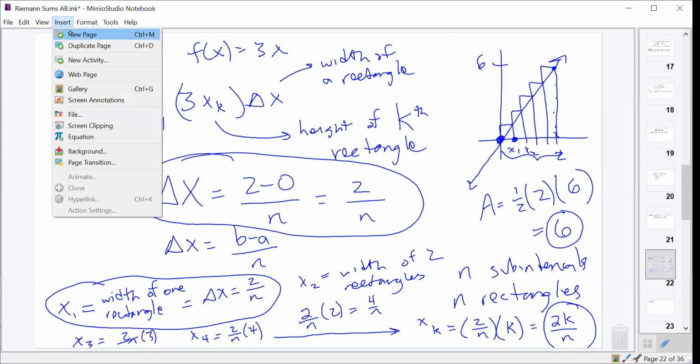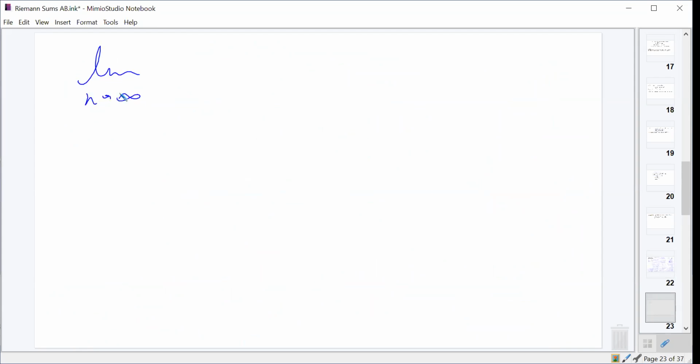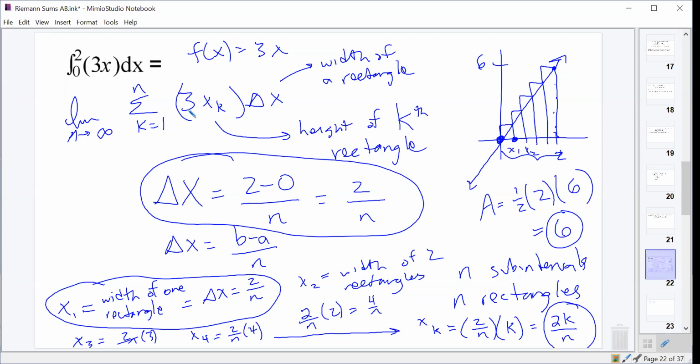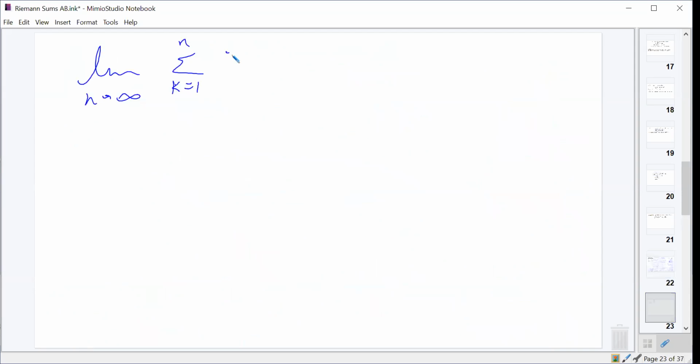So we should be able to now say this is the limit as n approaches infinity of the sum from k equals 1 to n of, our function was 3x sub k, so that should be 3 times 2k over n times delta x, and our delta x was 2 over n. Everybody okay with that or no? Good.